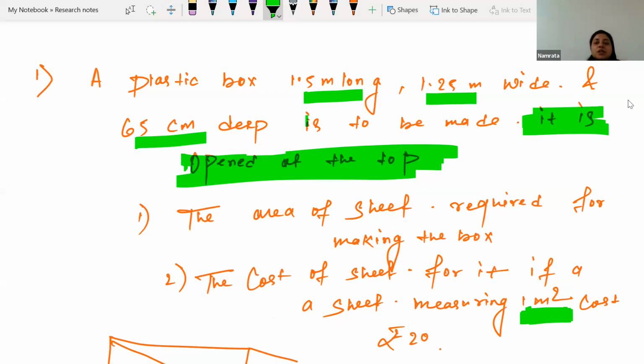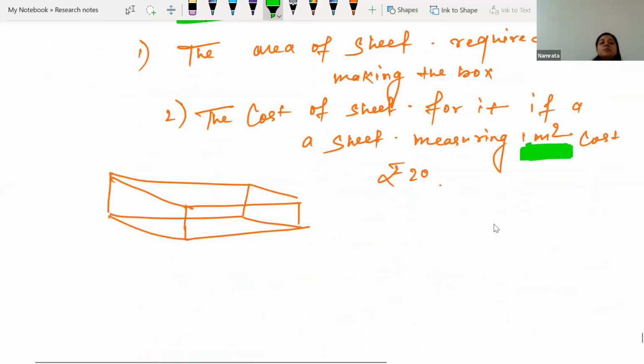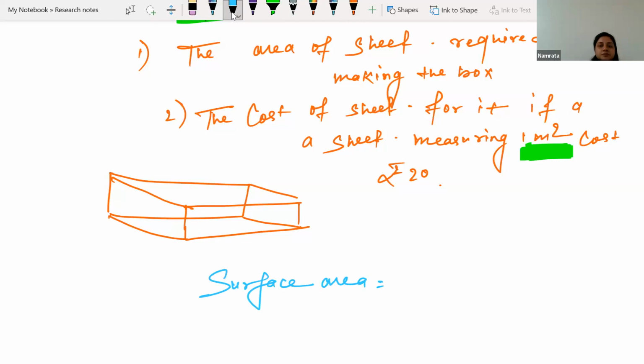So for this cuboid, we will be using the surface area formula. Anyone, what was the formula for finding the surface area of a cuboid? 2LB plus 2BH plus 2HL.